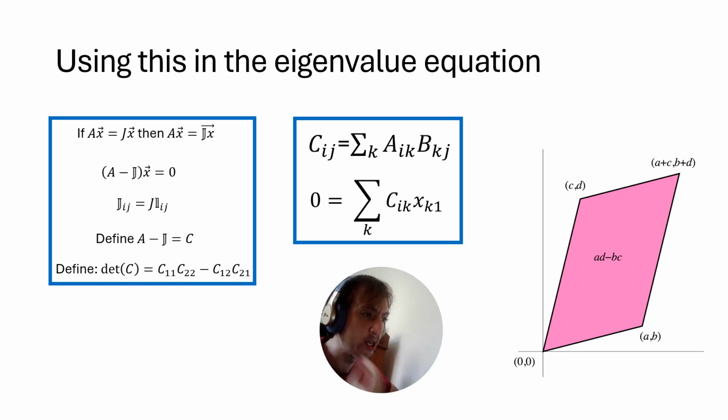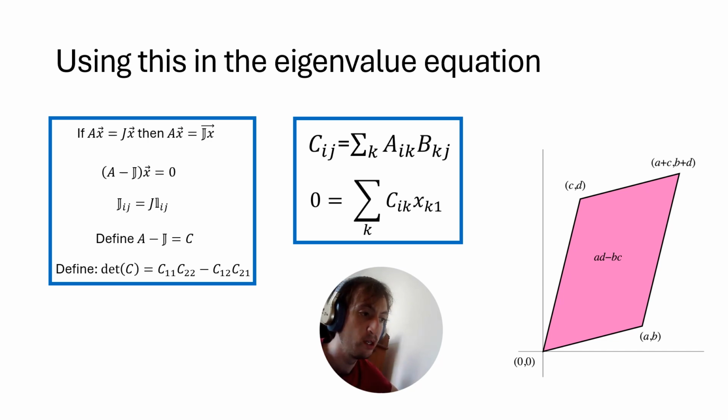And if we think about the rules for how we multiply matrices together, it's worth saying this is going to be a bit confusing, because when we talked about how we multiply matrices together, we used C to represent the output of multiplying matrices A and B. But if we have matrices A and B and they multiply together to give us C, then the components of A, B and C are related by the top equation in the blue box.